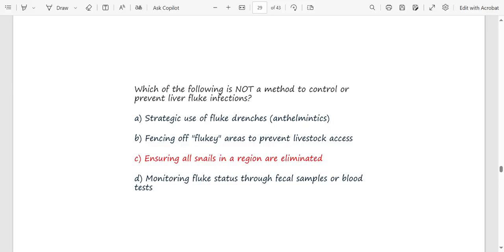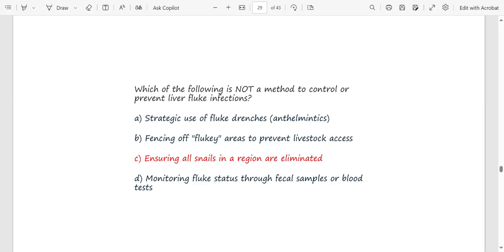Which of the following is not a method to control or prevent liver fluke infection? Use of fluke drenches, antihelminths. Yes, you can give antihelminths, drugs that will help in clearing out the worms from the body. And then fencing off fluky areas to prevent livestock access. So those areas that you think are not too good, you fence them off so that animals don't go there, because once animals go there, they're going to end up getting these worms.